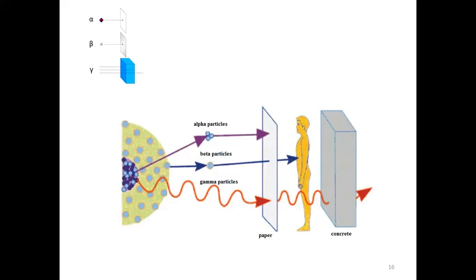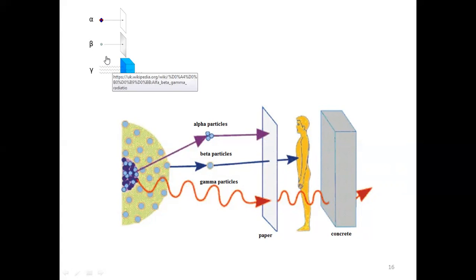Here in this picture, you can see the protection from the different kinds of radiation, including alpha radiation. An alpha particle can be retained even by a sheet of paper.